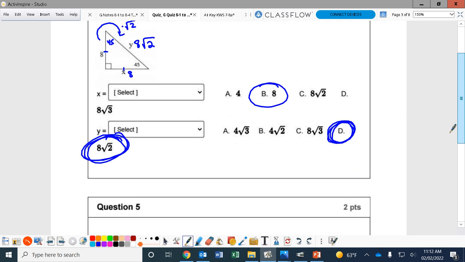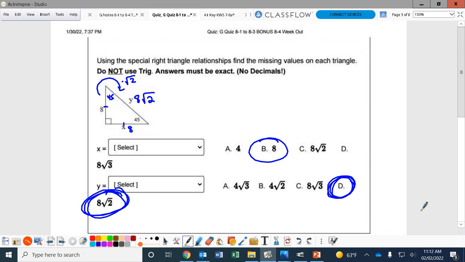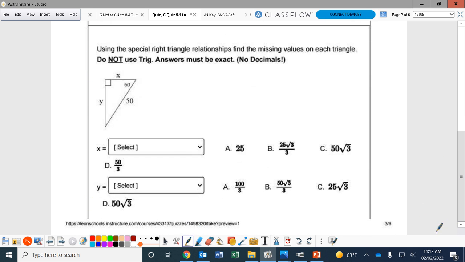Okay, next one. This is a 36. Oh, sorry. This is a 30, 60, 90. And in the 30, 60, 90, we have the hypotenuse, and we need to go backwards to the short leg. What are we dividing by? 2. 50 divided by 2 is just going to be 25 for that short leg.